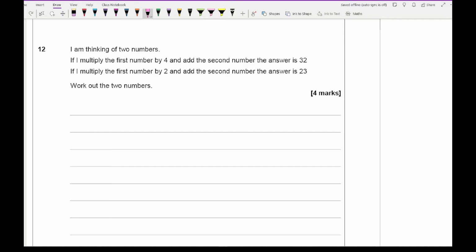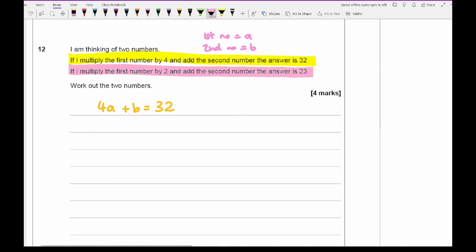Well, if I label the first number as A and the second number as B, then looking at this first expression, what I end up with is 4A plus B equals 32. Now if I then convert the second statement using algebra, that gives me 2A plus B, which equals 23. And as you can see, it's now turned into a simultaneous equation.